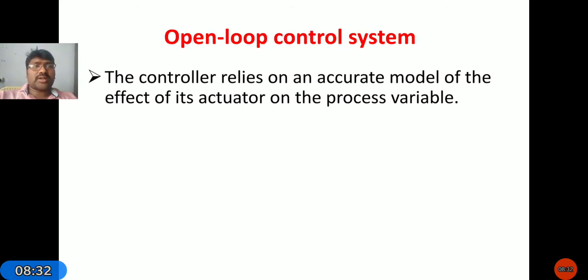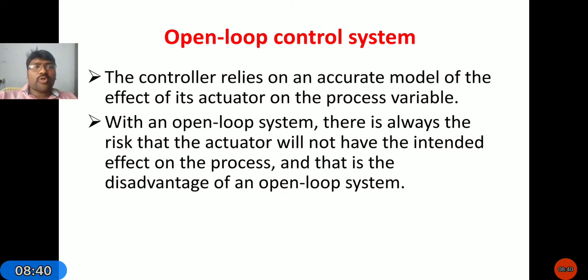Next, the controller relies on an accurate model of the effect of its actuator on the process. With an open loop system there is always the risk that the actuator will not have the intended effect on the process, and that is a disadvantage of an open loop control system.